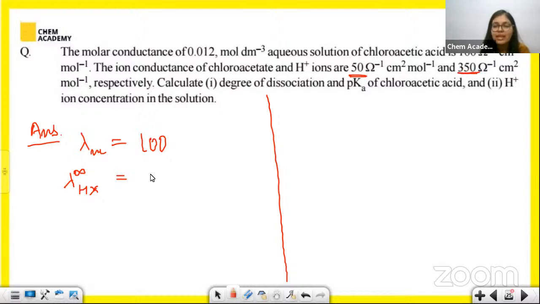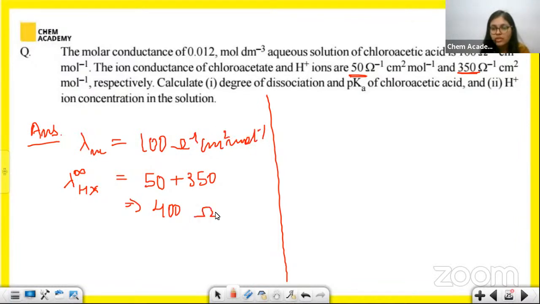So we will just simply add it, 50 plus 350, and the value is going to come out to be 400. The units are important. It is going to be ohm inverse, centimeter square, mole inverse. Similarly here, ohm inverse, centimeter square, mole inverse.